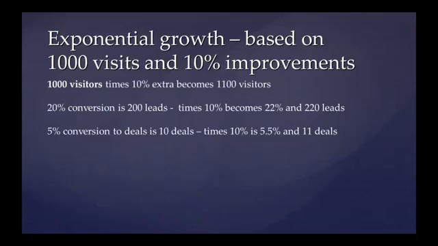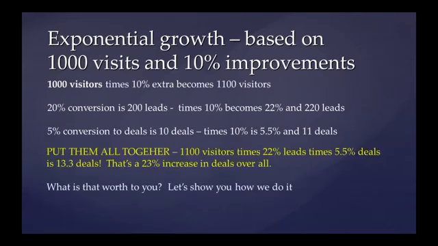You can see how that would be beneficial, but when you put them all together, you get exponential growth. So 1,100 visitors times a 22% lead conversion rate times a 5.5% lead to deal conversion rate ends up with 13.3 deals.